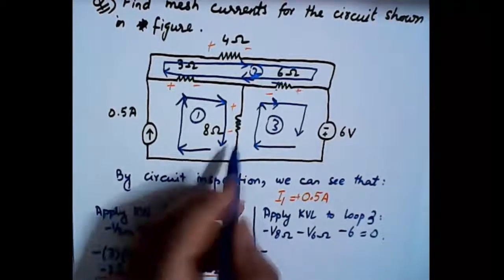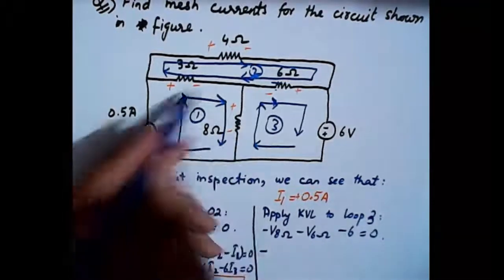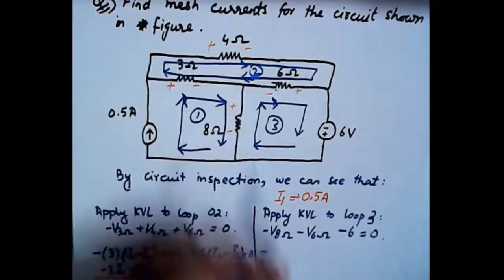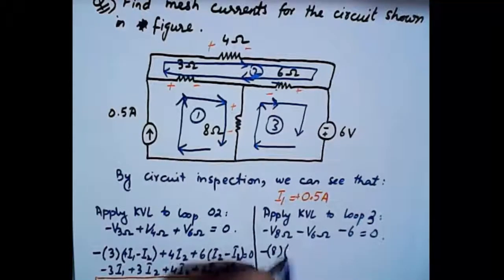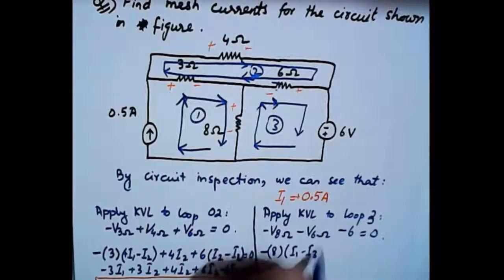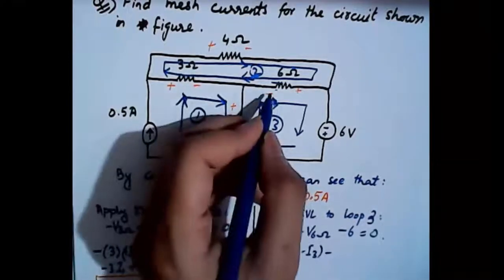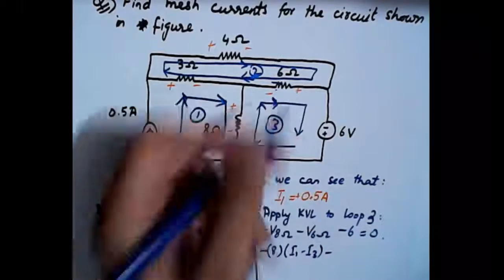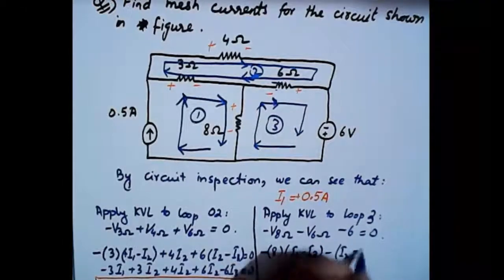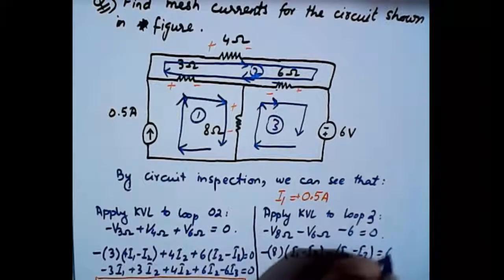I1 is entering the positive, I3 is entering the negative, so it makes minus 8 times I1 minus I3, and minus 6 times I2 minus I3, where I2 is entering the positive and I3 is entering the negative, is equal to 6.